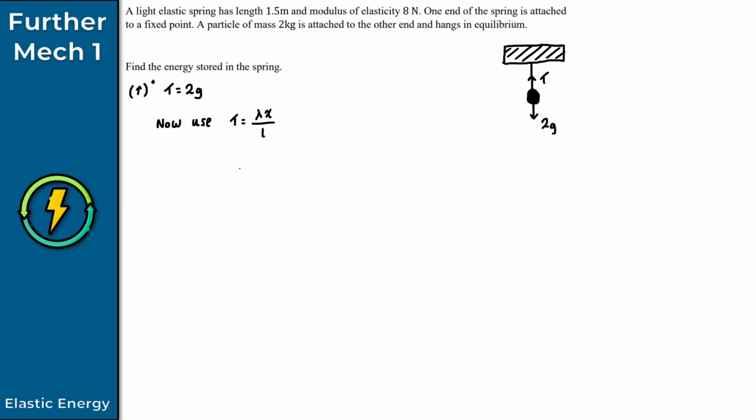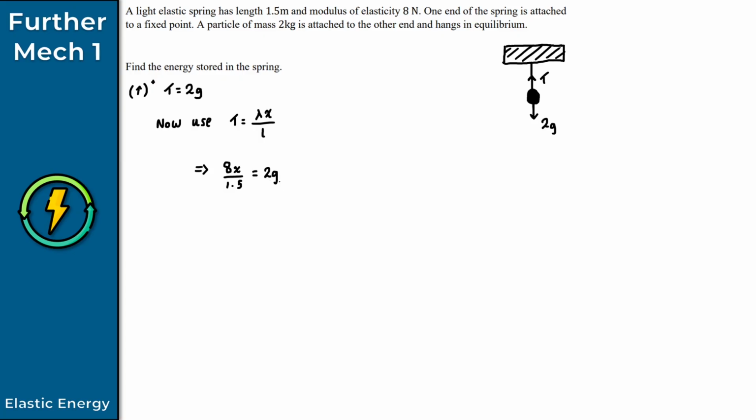So putting that all together, I get 8x over L, which is 1.5, so we've got 8x over 1.5 is equal to T, where T is equal to 2g. Perfect. Again, all we want to do here is just solve for x.